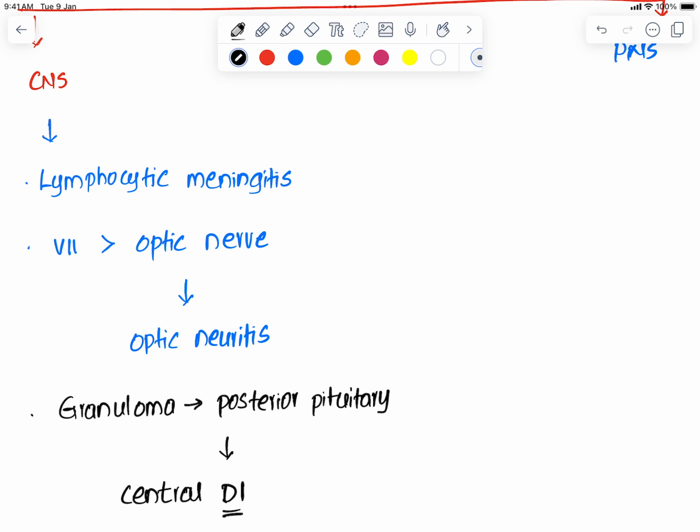So neurosarcoidosis will cause central diabetes insipidus, where there is a decrease in antidiuretic hormone levels. Then, with the seventh nerve involvement, please remember it is bilateral seventh nerve palsy, and because of this, these patients develop facial diplegia.